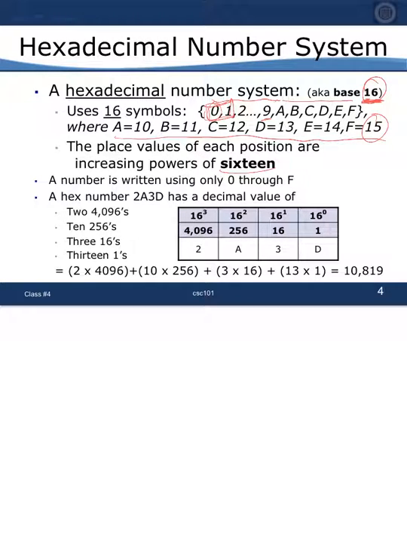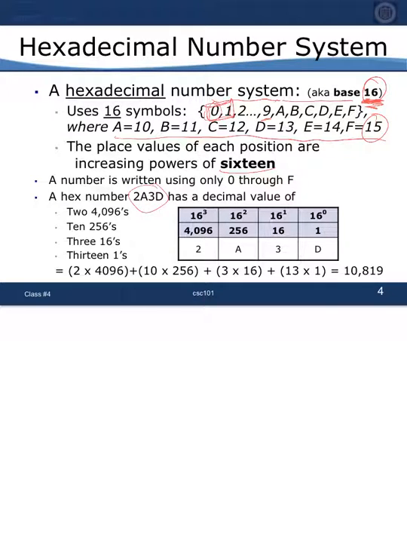And like we said at the beginning, my place values should be powers of 16 now, not powers of 2 like they were in binary, or powers of 10 like they are in our world. But if it's base 16, powers of 16. Okay? So, for example, this number, which I know looks kind of funny, in hexadecimal, 2A3D, how much is that actually worth?